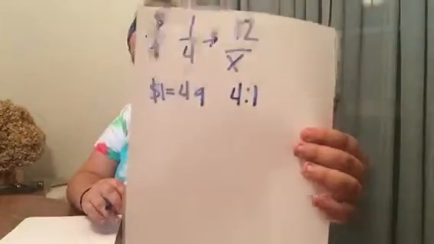So what would your ratio for quarters to dollars be? It would be 4 to 1. So if I set up my ratio 4 over 1, and I want to see how many quarters I can get, I would do 12 over x.